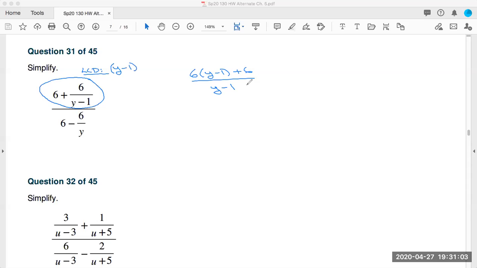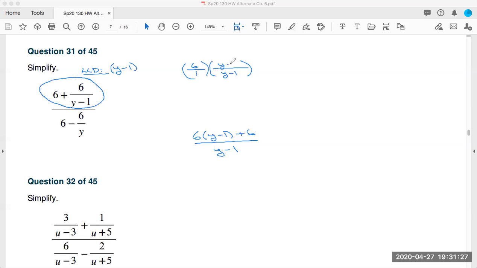All right, but just in case, I'm going to select this and move it down and show the intermediate step here. Essentially, if you're not sure, remember you have 6 over 1 from here, and you're multiplying that on the bottom by y minus 1 to get your LCD.